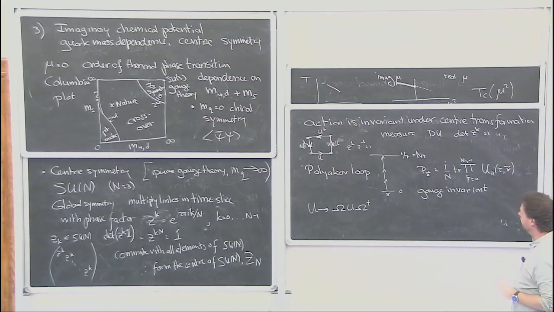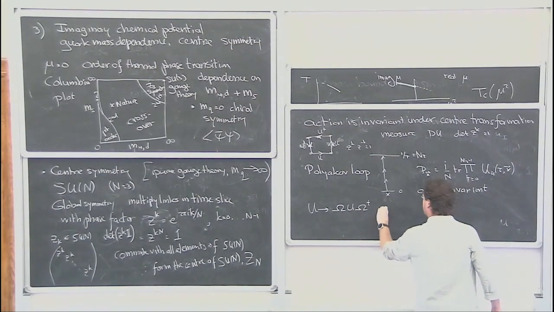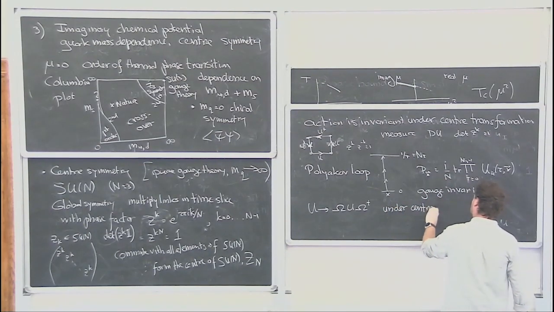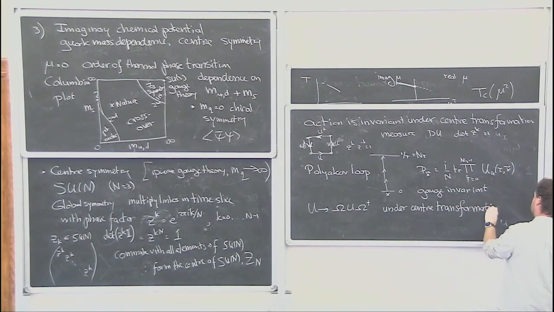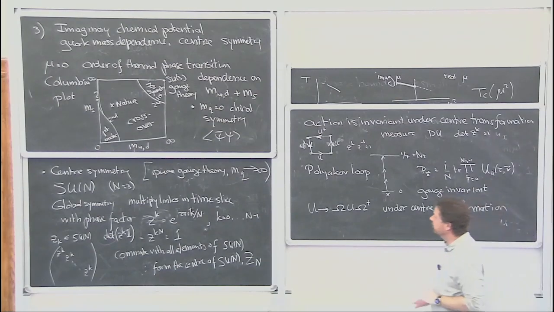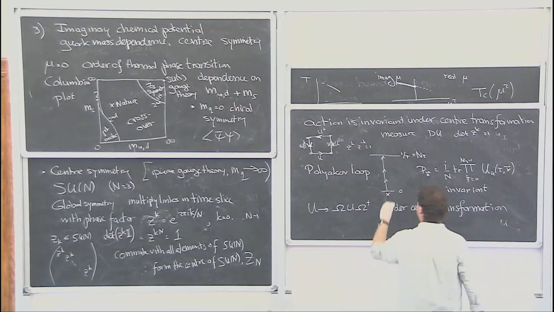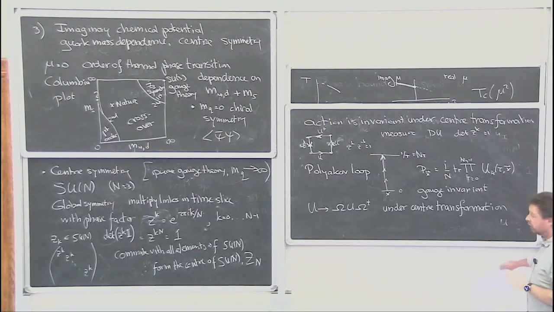However, it is not invariant under a center transformation, because if I multiply all the links on a given time slice with this phase factor, say I multiply this link here with the phase factor, that will not be compensated.